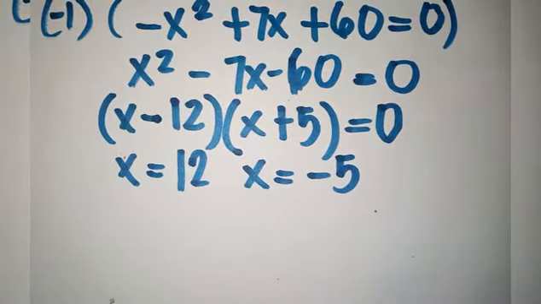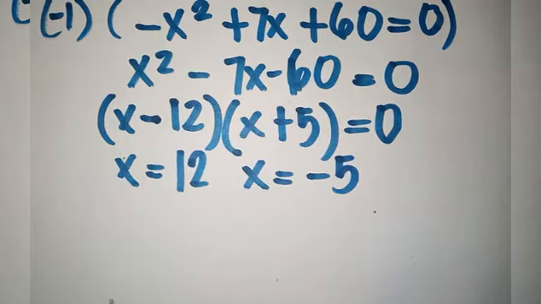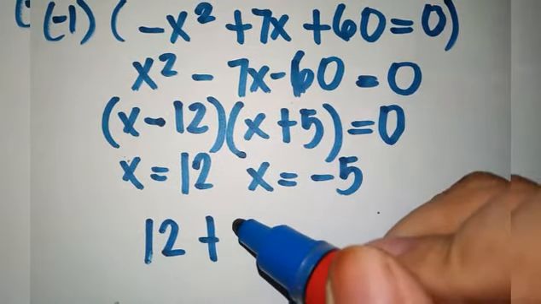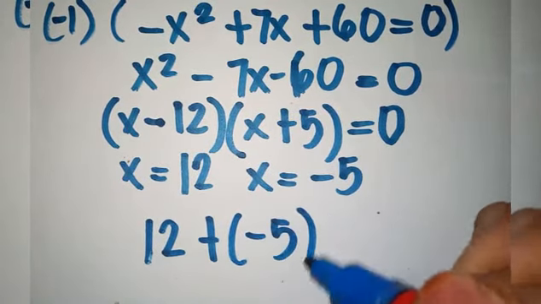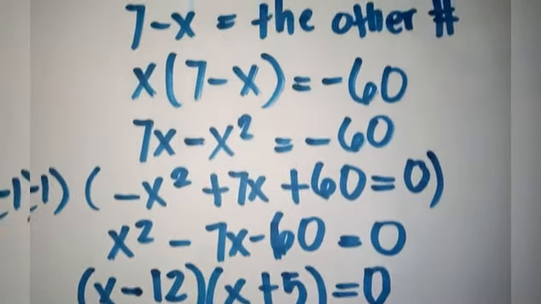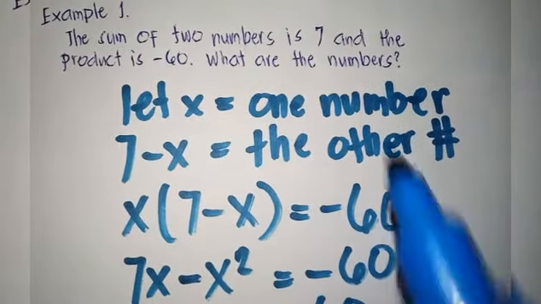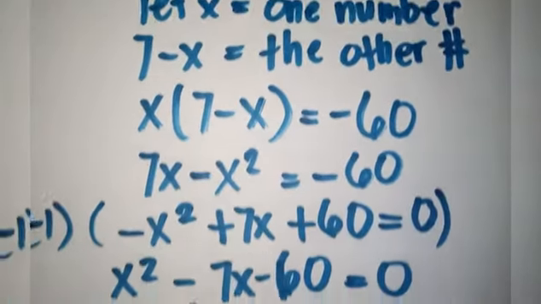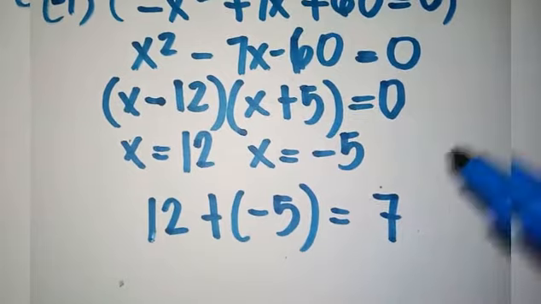So, para makita natin kung tama yung ating mga sagot, i-try lang natin siya. So, we have 12 plus negative 5 will give us 7. So, tama kanina. Yung sinabi dito is the sum of the two numbers is 7. Ibig sabihin, tama ito.